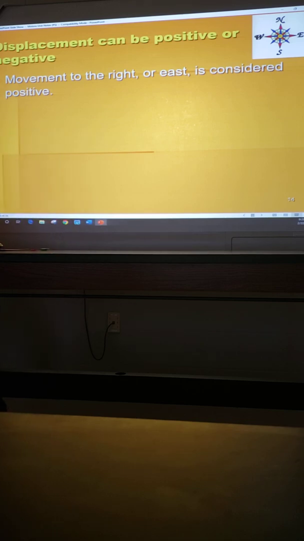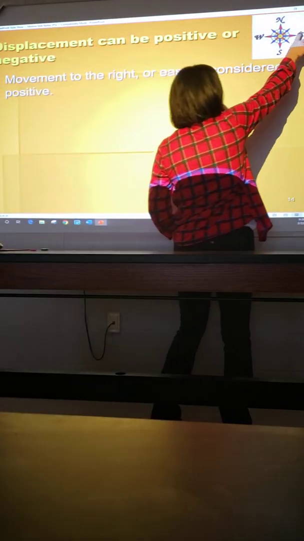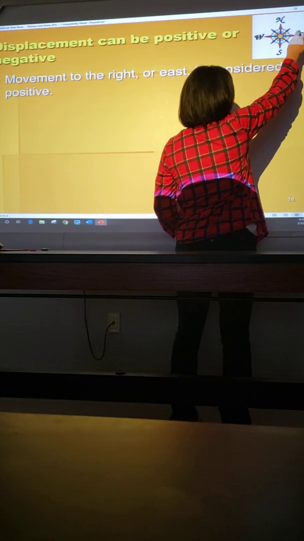All right, something that might help tie this together is that these values can be considered positive and negative. Movement to the right or east is considered positive. Here's east, which is also like turning to the right.